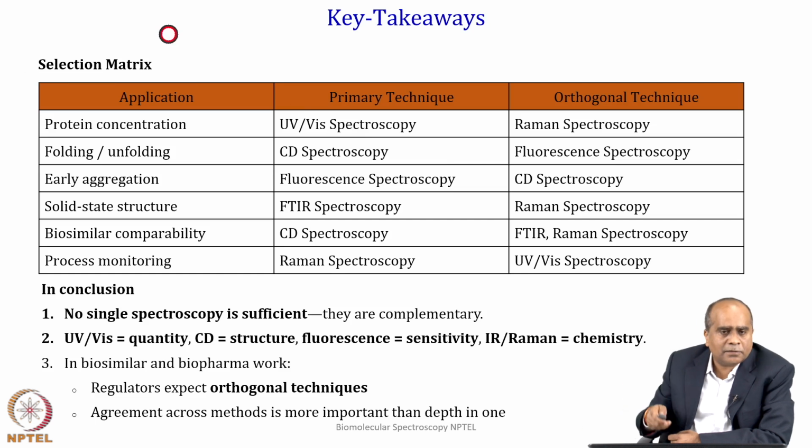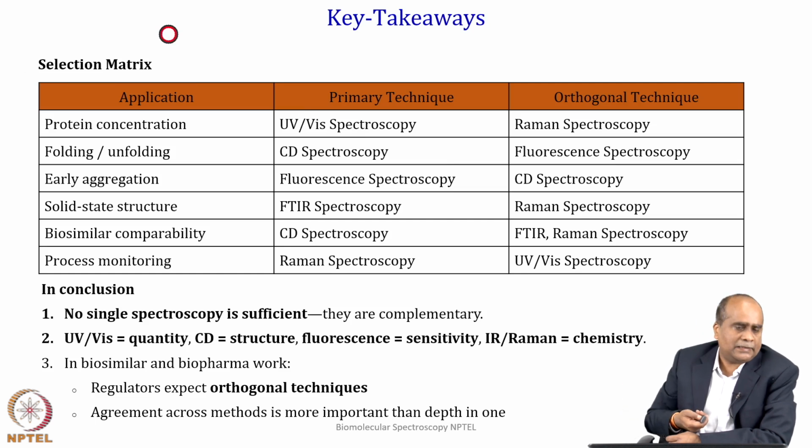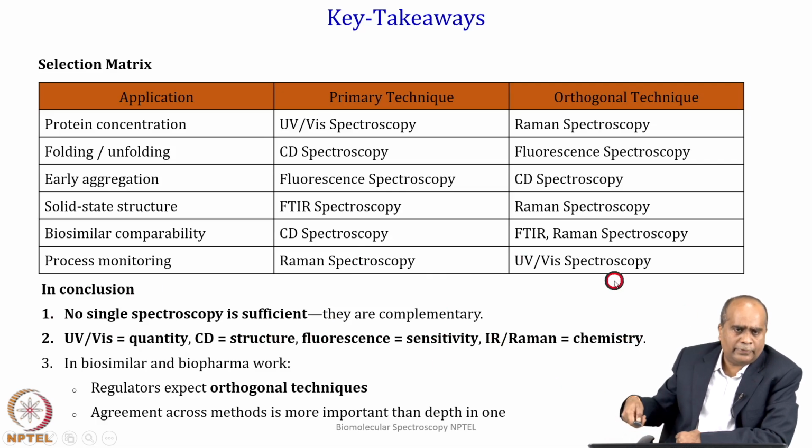It is like using multiple orthogonal techniques; they are all complementary. So, UV visible: quantitative; CD: structure; fluorescence: sensitivity; FTIR, Raman: chemistry. All these techniques are needed when we are dealing with a question in biopharma, right.